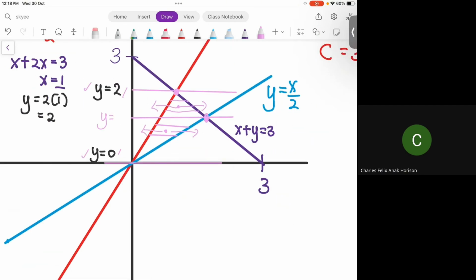So solving the simultaneous equations, you want to find the y, right? So replace it. 2y equals x.